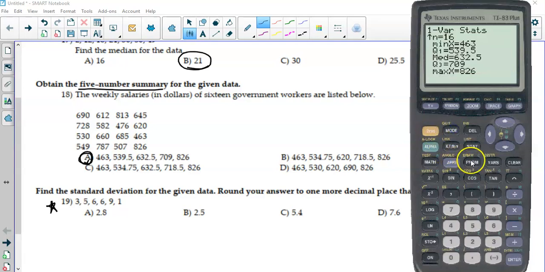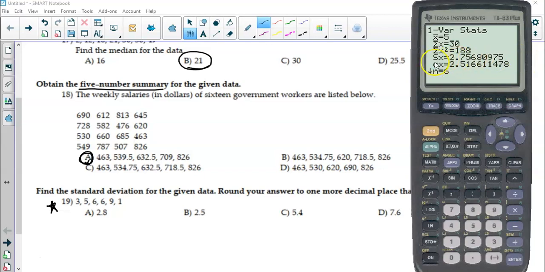Second mode, and then you know where to go. Stat, calc, 1-Var. And my standard deviation is always the one with the S, 2.8 when I round to the tenths. I know that there's 2 here, and we don't do a whole lot about what the difference between these 2 standard deviations are.